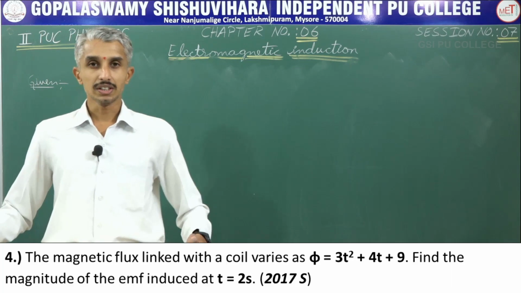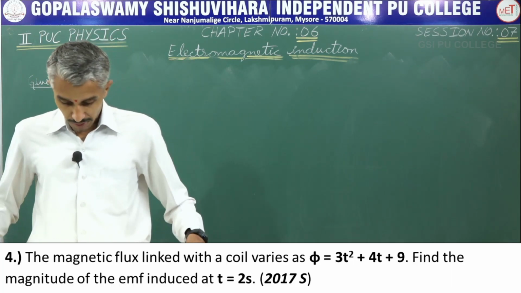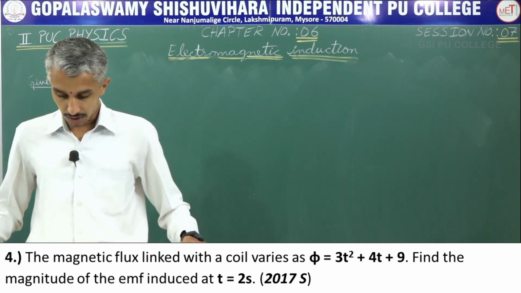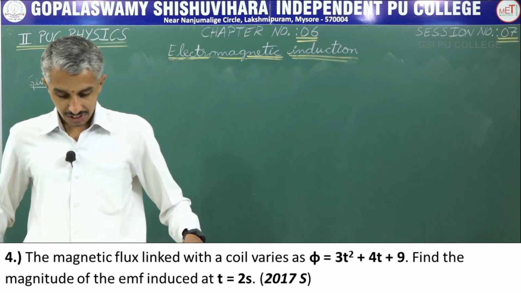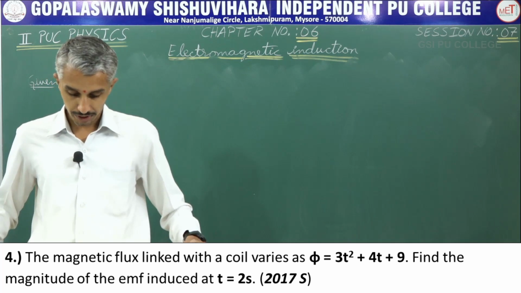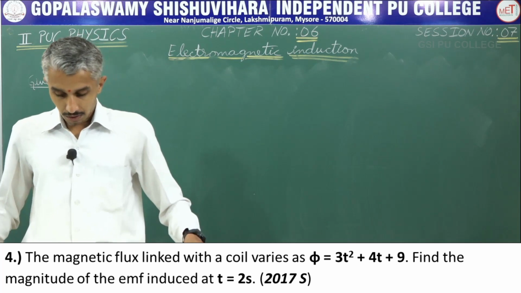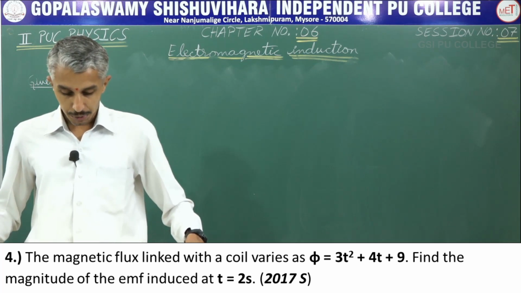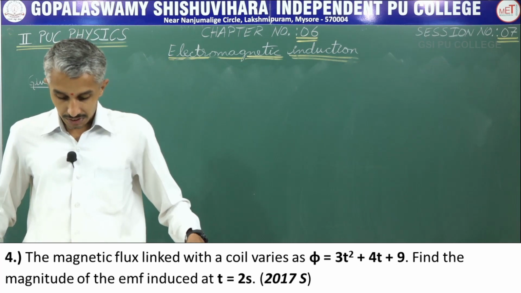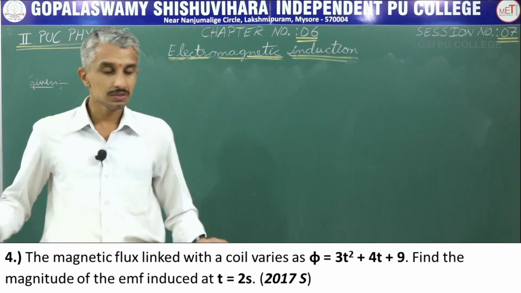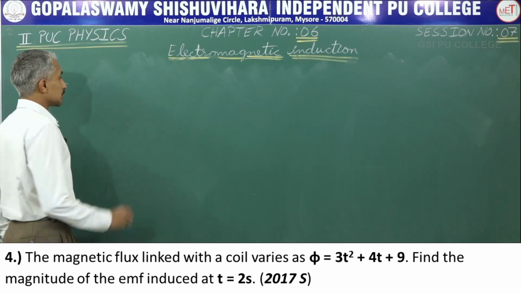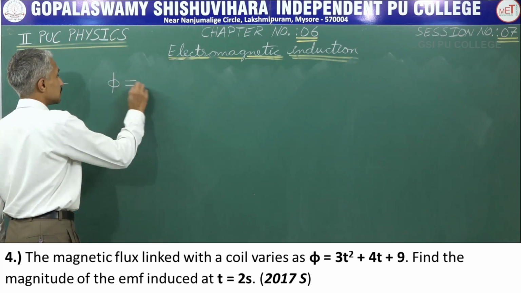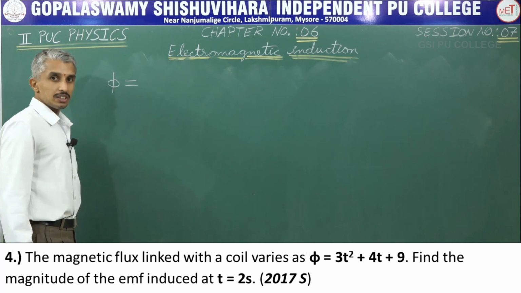Here is the fourth numerical. The magnetic flux linked with a coil varies as phi is equal to 3t square plus 4t plus 9. Find the magnitude of the EMF induced at time t is equal to 2 seconds. So let us note down what is given. Here an equation is given for magnetic flux and it is a time varying quantity.